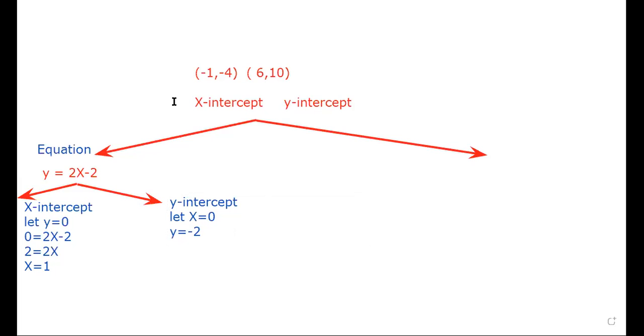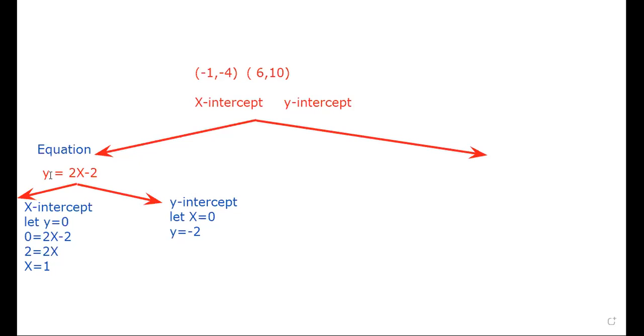Then this is how we can find the intercepts. The question said find the x-intercept and the y-intercept. I said that we have two different ways. The first way is to use the equation. We form the equation by the normal method: we calculate the slope, then use one point to substitute the values of x and y. We found the equation: y equals 2x minus 2.